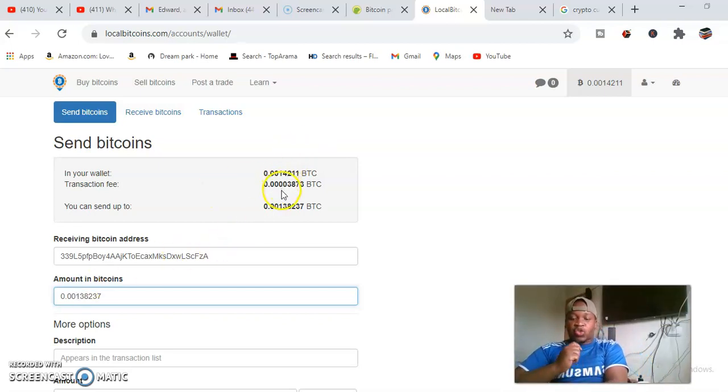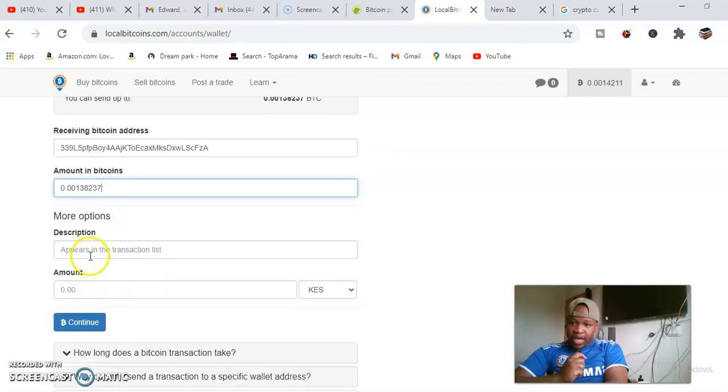Bitcoin normally charges you a transaction fee, and we can see this is the amount, this is the total amount in my wallet, and the transaction fee.